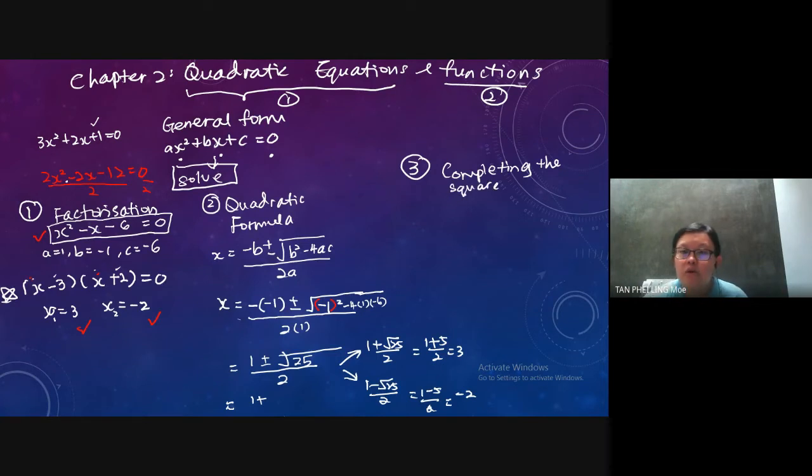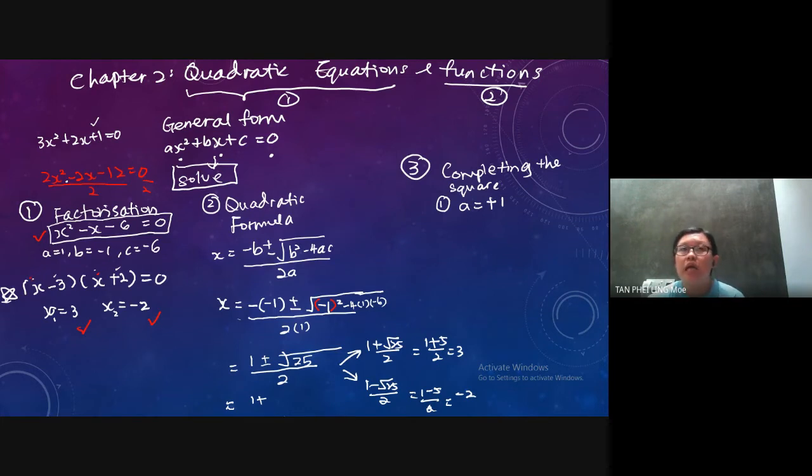Completing the square, the first important thing is you must know that the A must always be equal to positive 1. If your A is not positive 1, then you have to do something to make it positive 1.